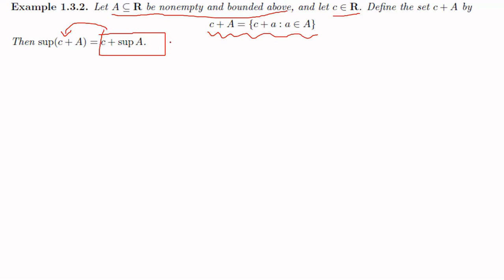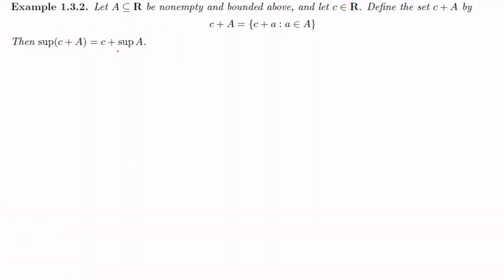First, you have to show that C plus supremum of A is an upper bound of the set. Secondly, if B is any other upper bound of this set, then you have to show that C plus supremum of A is less than or equal to B. So these are the two steps which we will be doing.